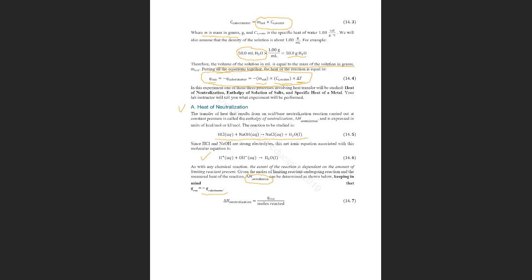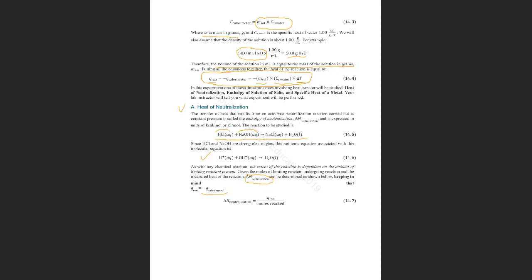In our case, we have a chemical reaction, hydrochloric acid that reacts with sodium hydroxide, so we have to look at which one of these two is our limiting reagent. But as is written in the procedure, they have equal amounts, so we don't have to worry. We can use either, but they ask per mole of hydrochloric acid.